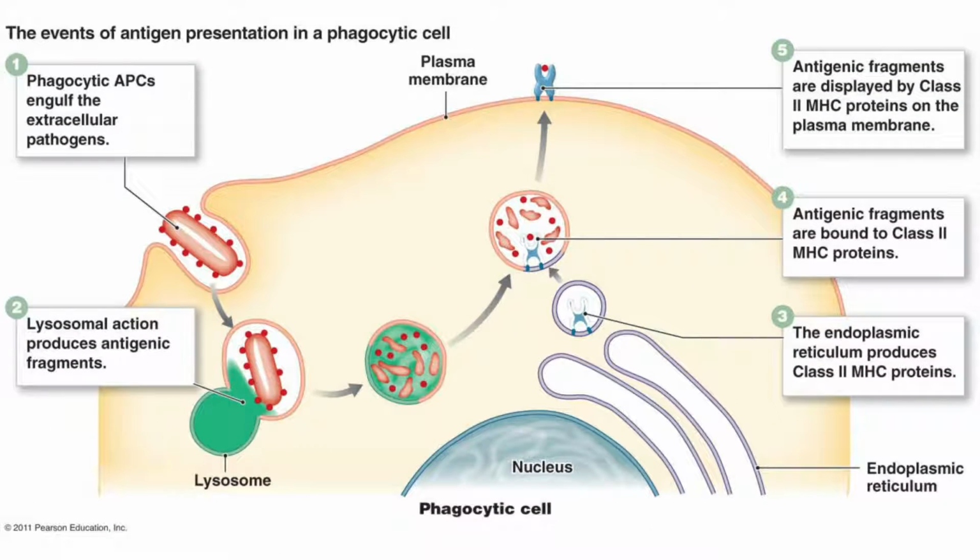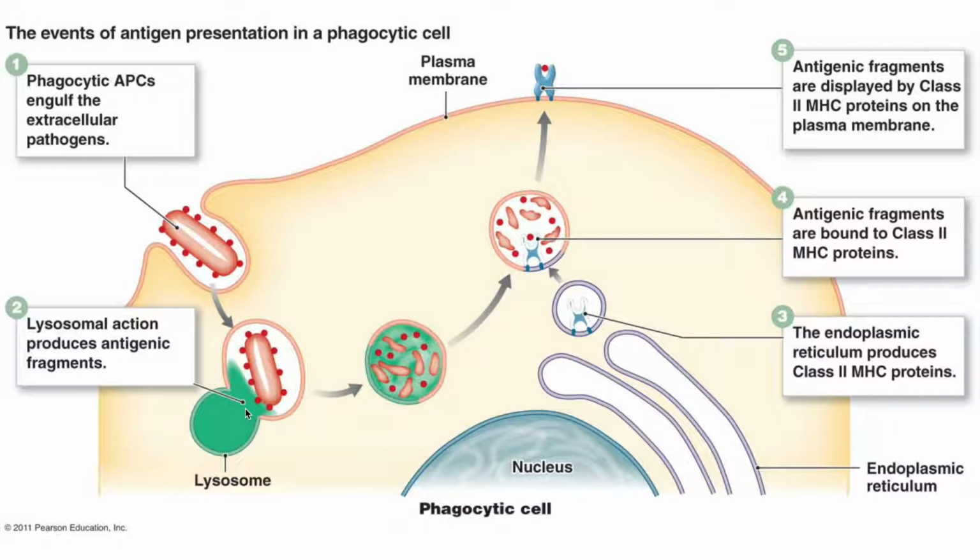And then special cells have the MHC2 proteins. They're found in the antigen presenting cells, or APCs for short. All phagocytes and macrophages are considered antigen presenting cells, and they're going to have the MHC2 proteins. And these will actually go out looking for foreign things. The phagocyte will engulf the pathogen.